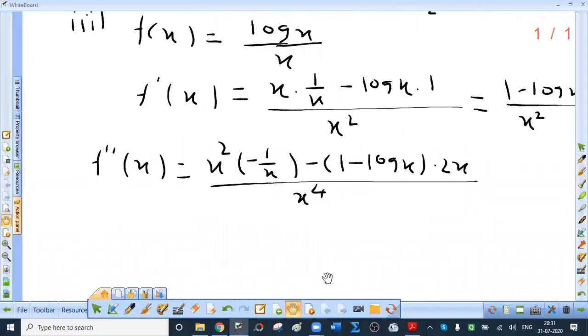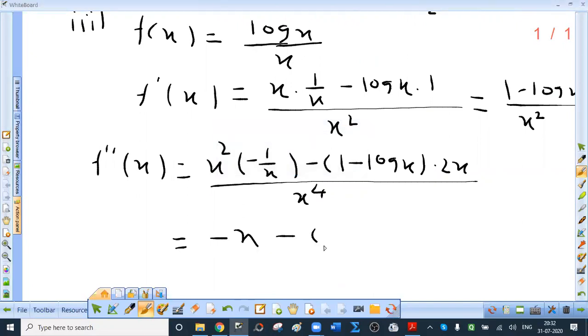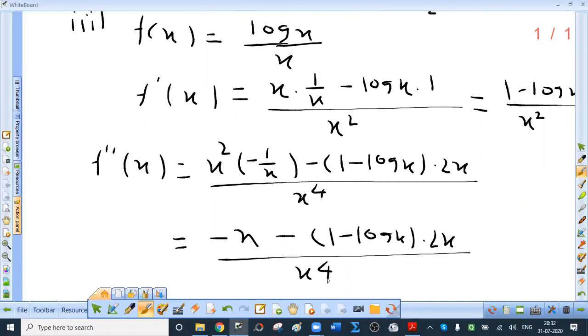See, I will not simplify this. Reason you will come to know afterwards. So I will just say this is minus x, then minus 1 minus log x into 2x as it is. Why? You will come to know later on. This is second derivative. Write down this. Now solve the equation f dash of x equal to 0.